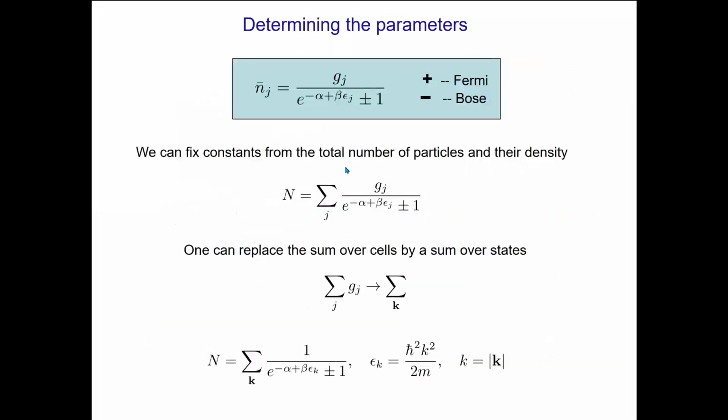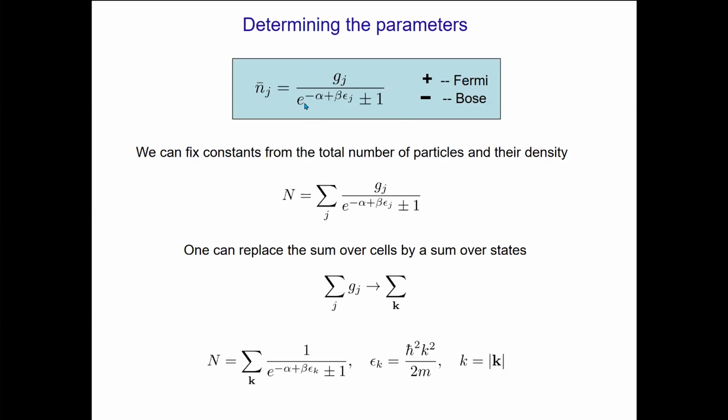Okay, so let's look at what we just derived. We derived the average occupation numbers in these quantum gases. They are quantum because our considerations were based on quantum mechanical wave functions, and I showed you that we need to consider two cases.